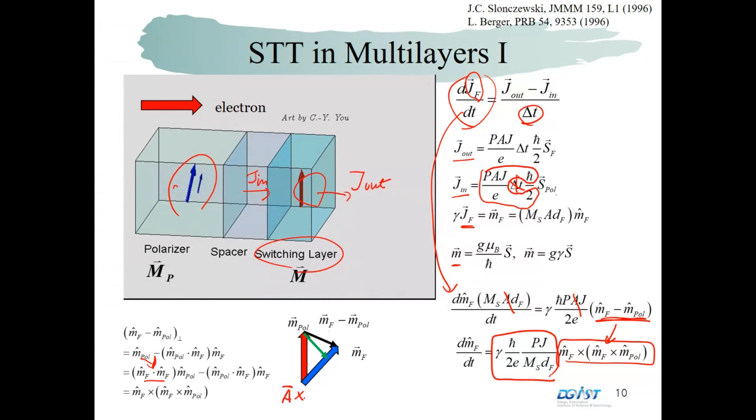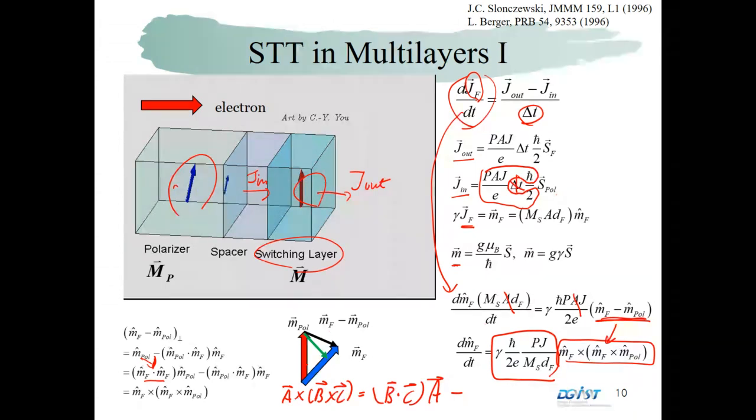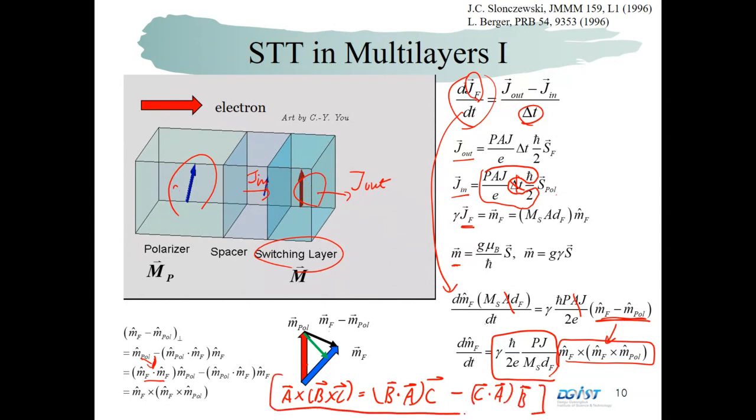And we know a very well known vector identity called the BAC-CAB rule. I hope every student knows this identity.